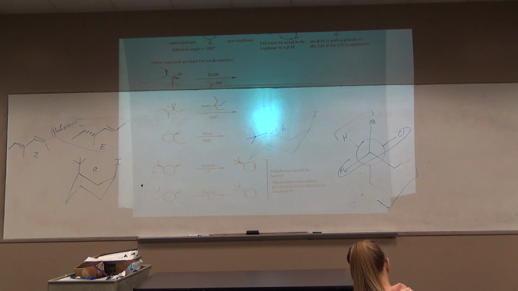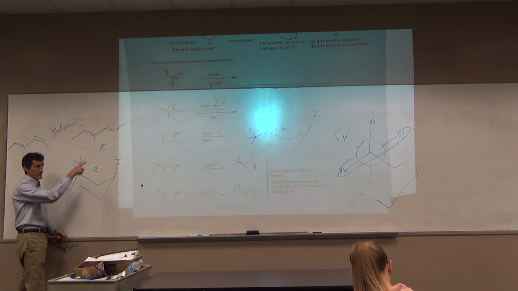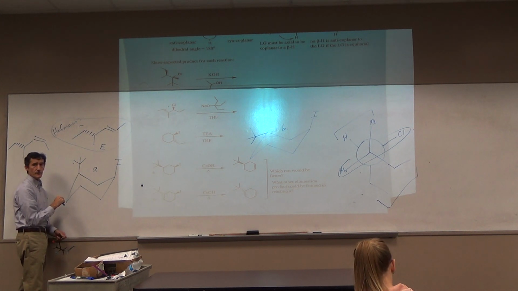Look at them. Which one is going to most likely be in this conformation? B. Because the tert-butyl's happy. What is A going to most likely want to do more than that compound?